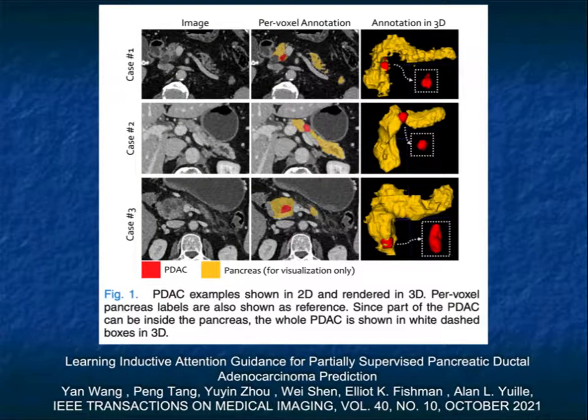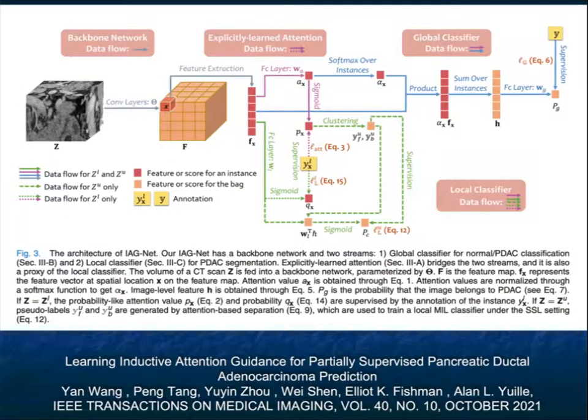And here's just one of the examples showing you some smaller tumors. Now the computer can recognize the pancreas, create the 3D model, and thus show you precisely where the tumor is. And again, here's the architecture.